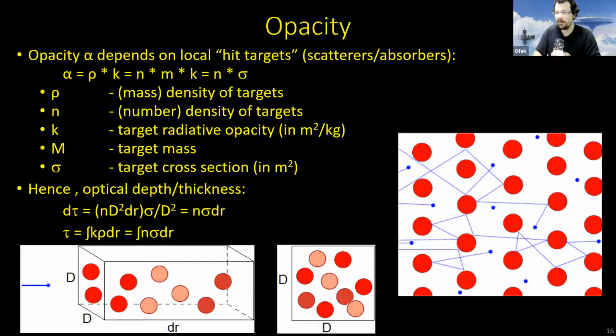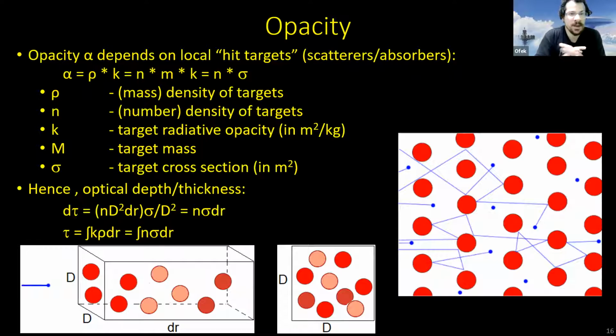And so it will very easily be seen that, similar to the Drude model where we had the electron density, in this case we'll have the mass density, rho, multiplied by some factor, which will be kappa. Kappa will be the opacity per target, or per object the photon can hit. So the per target radiative opacity. And the rho will be the mass density of those targets.